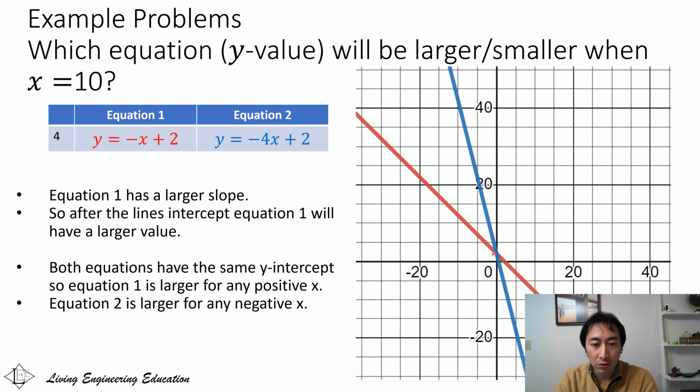So after they intersect, the blue line is declining at a faster rate. So this negative value continues to decrease faster. So the red line, the negative 1 slope, is going to have a larger value at x equals 10.